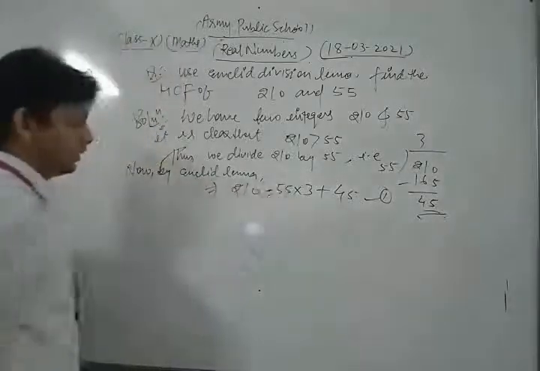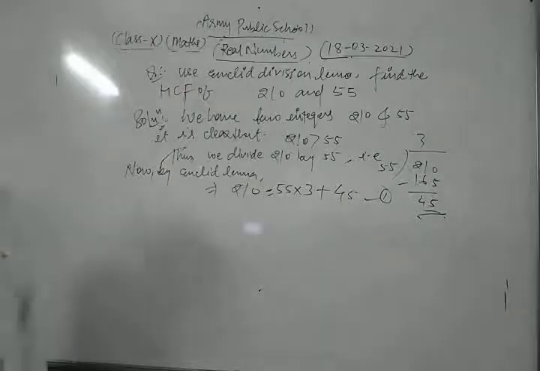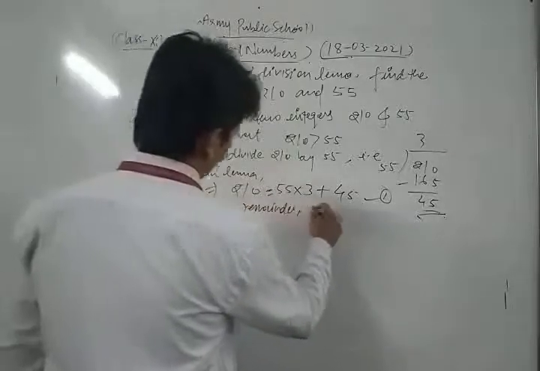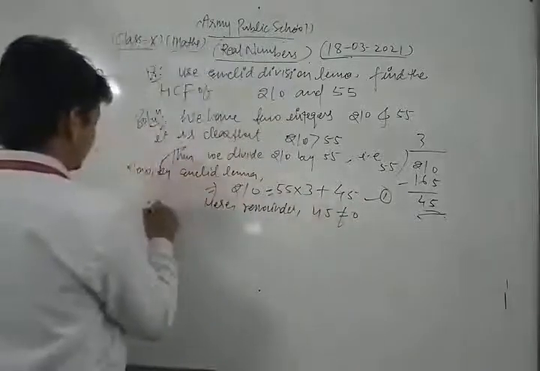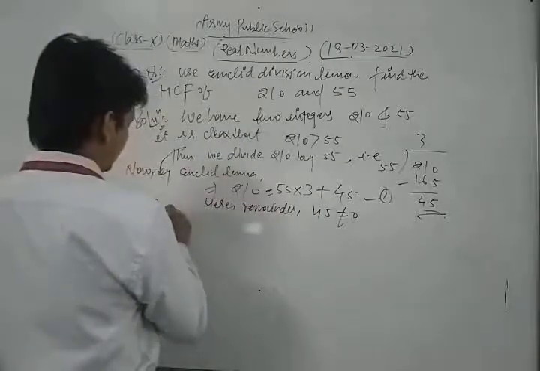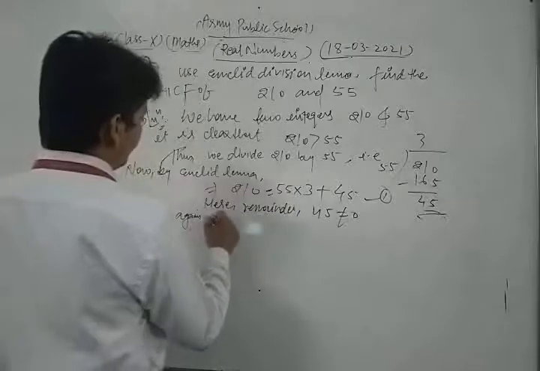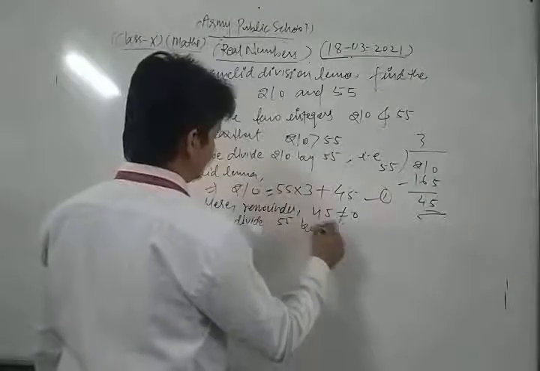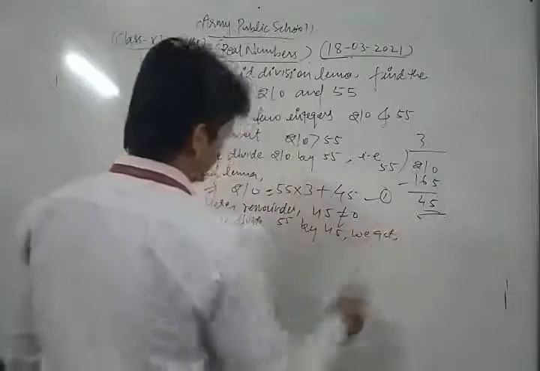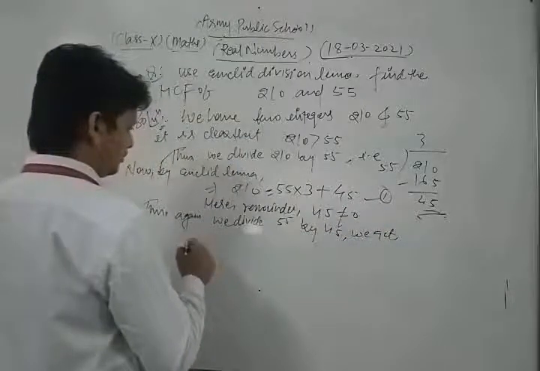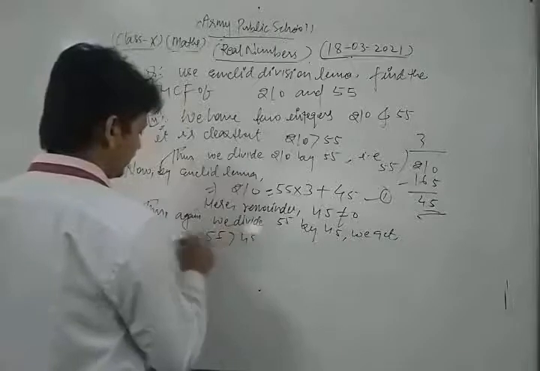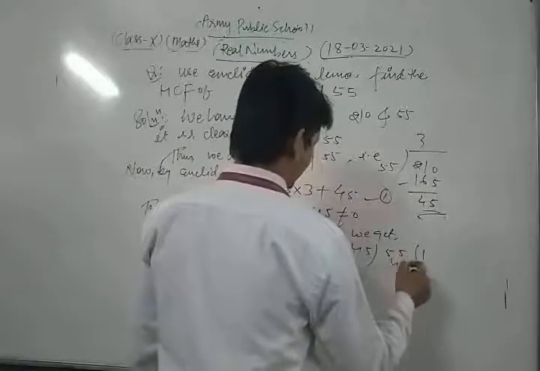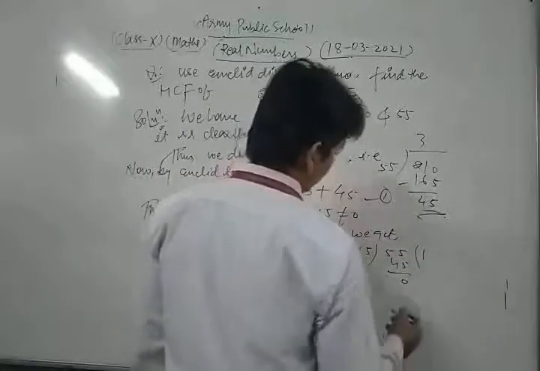Now let's see. Here again the remainder is not equal to 0. The remainder 45 is not equal to 0, thus again we divide 55 by 45. We get 1 as quotient and remainder 10.